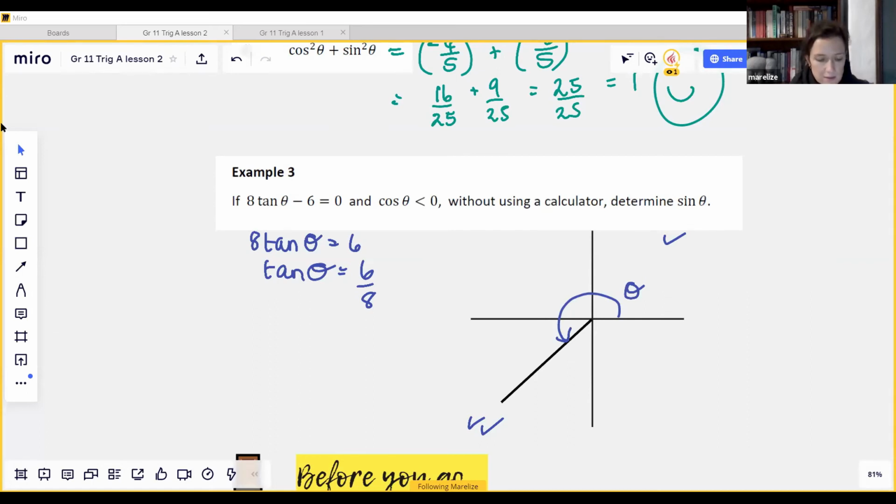Then I'm going to draw my triangle. Am I going to draw it like that? Like that. Am I going to draw it like that? No, thanks, Lisa. No, that's right. That is wrong. We must always make the perpendicular with the x-axis. Like that.